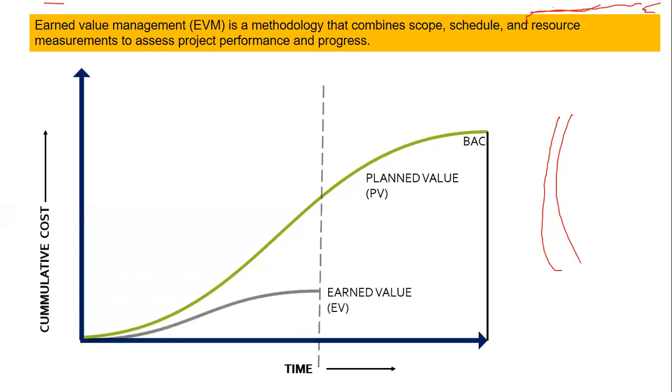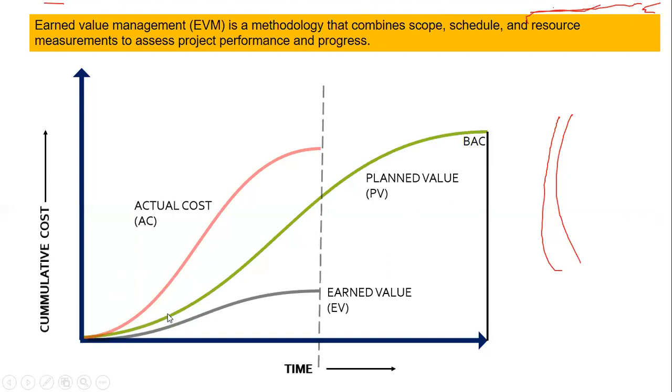Now in September, you have earned very little compared to planned. At this point your planned would be some $700, but you might have earned only $400, and you have spent more than $750. So you get the difference between planned value, earned value, and actual cost.